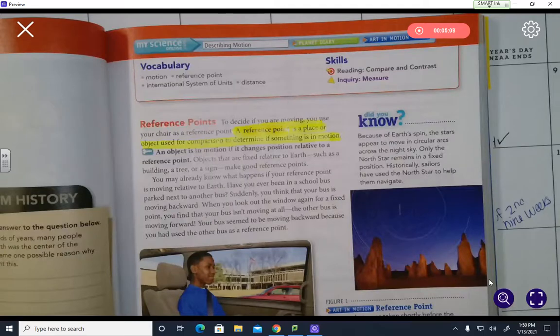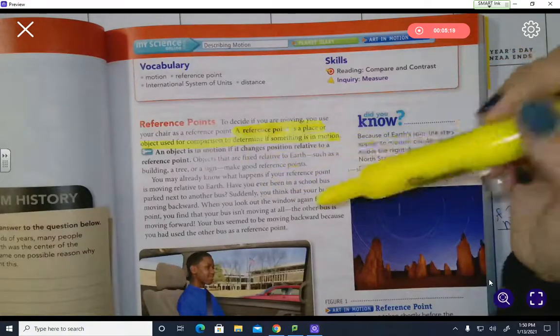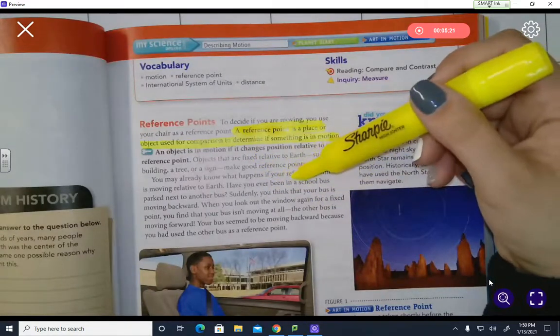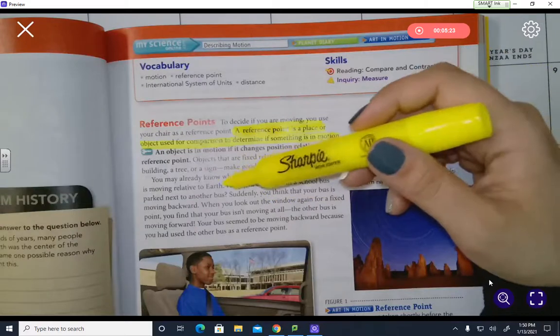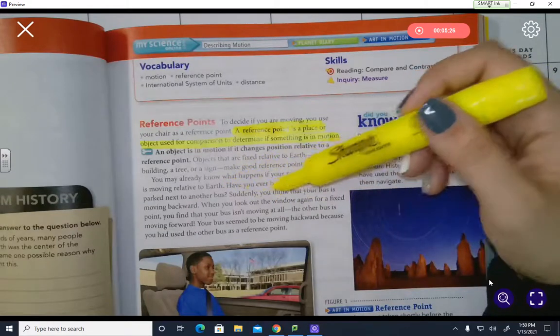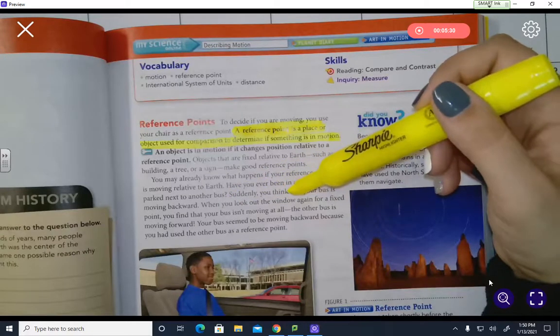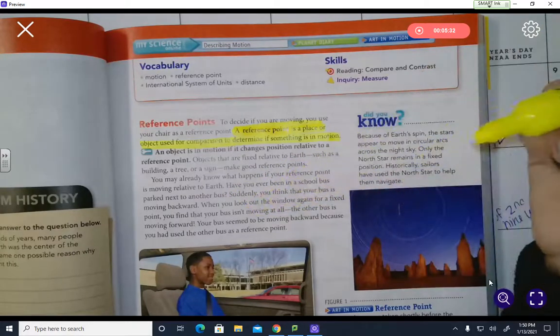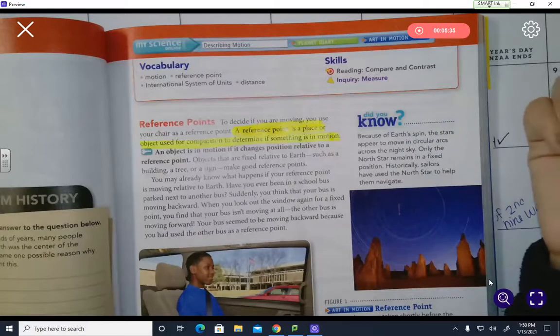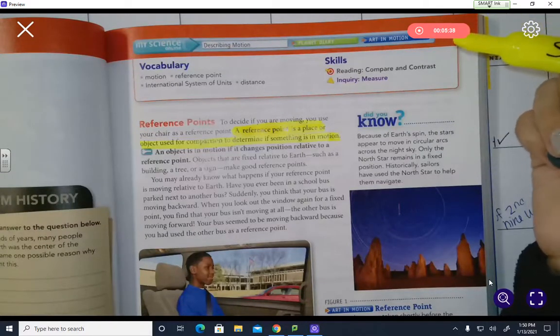Objects that are fixed relative to Earth, such as a building, a tree, or a sign, make good reference points. You may already know what happens if your reference point is moving relative to Earth. Have you ever been in a school bus parked next to another school bus? Suddenly, you think that your bus is moving backwards. When you look out the window again for a fixed point, you find that your bus isn't moving at all. The other bus is moving forward. Your bus seemed to be moving backwards because you had used another bus as a reference point.